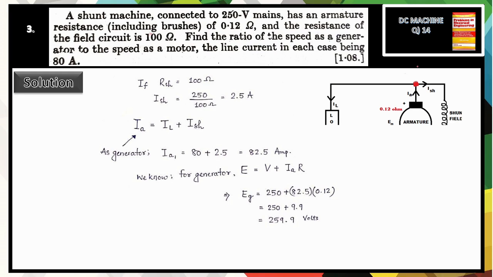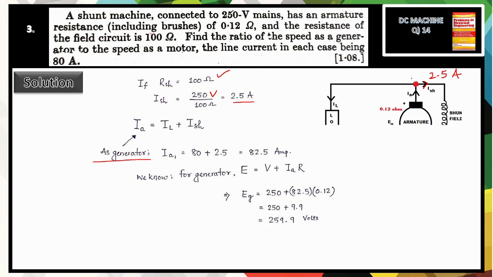So if RSH or shunt resistance is 100 ohm, we can calculate ISH as 250 volt divided by 100 ohm equal to 2.5 ampere. We can say here this ISH is 2.5 ampere. As generator circuit, the armature current always moves away from the DC machine or the generator like this.